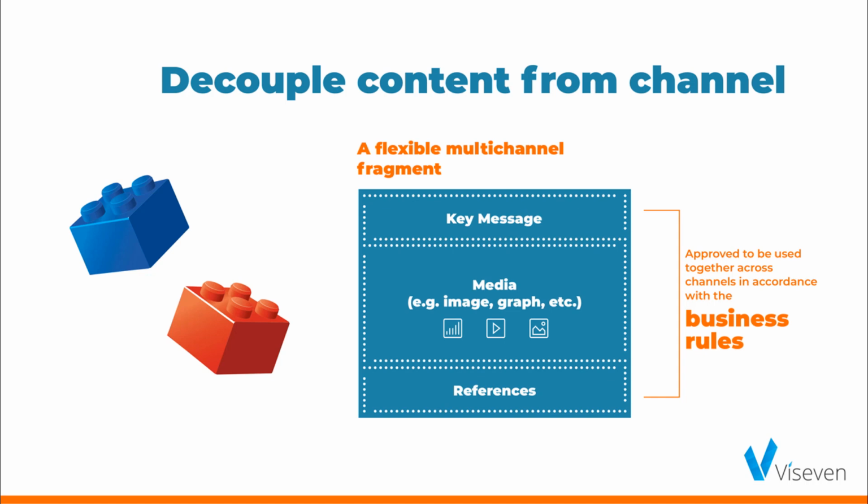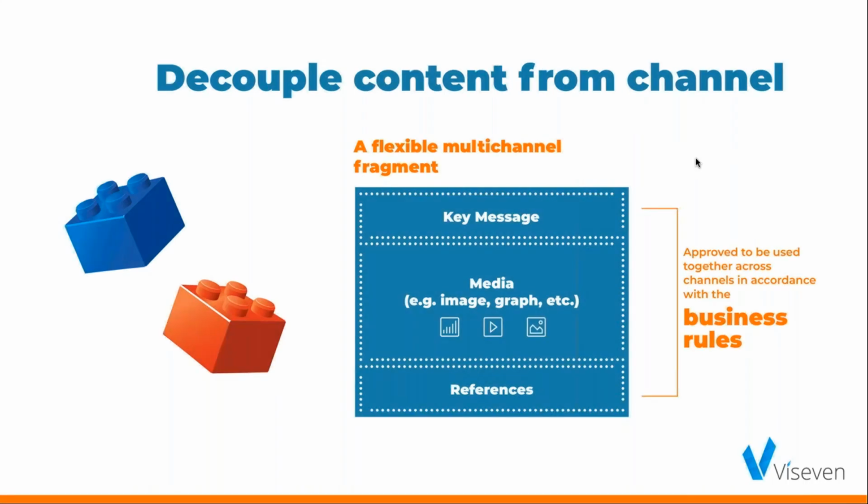So what's the multi-channel fragment? As I said, it is one of the smallest pieces in the content module, and it is created in a channel-agnostic way. What I mean is that it's not created especially for email or for an e-detailing presentation. It can be reused across the channels in multiple templates.